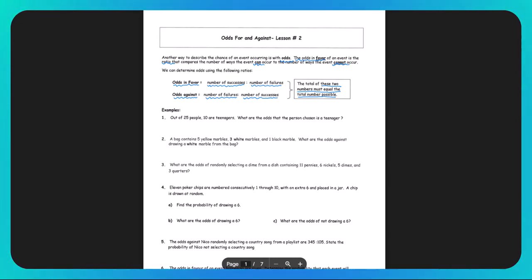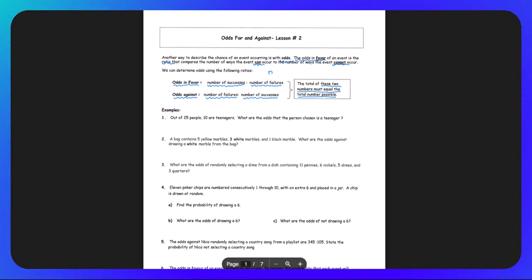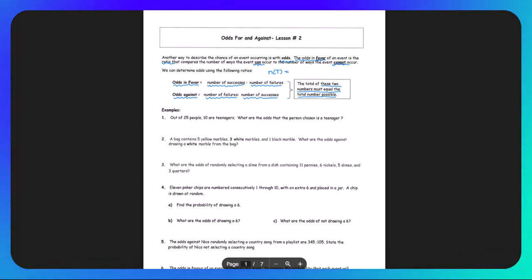The way I like to say that is that the total must equal the number of successes, the number of the event, plus the number of not the event, or the failures. So let's look at a couple of examples to bring this point home.